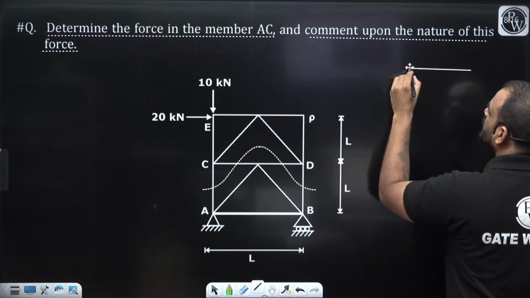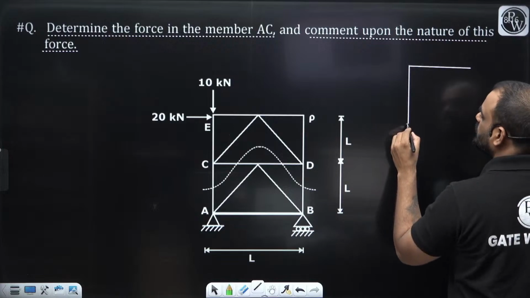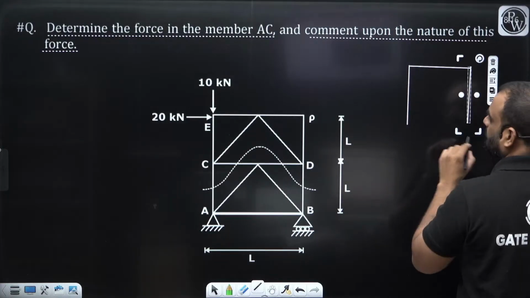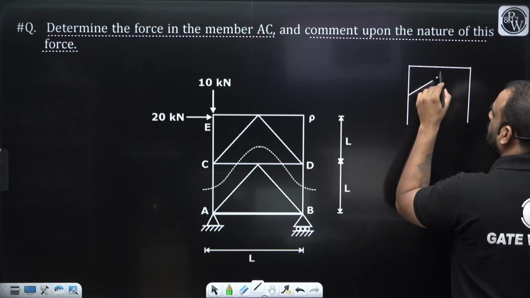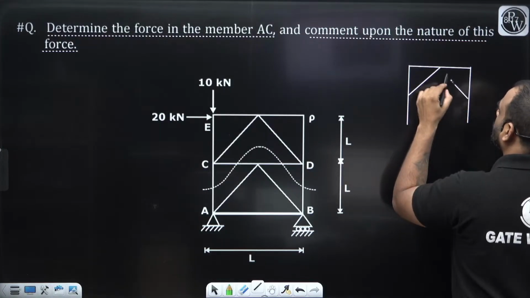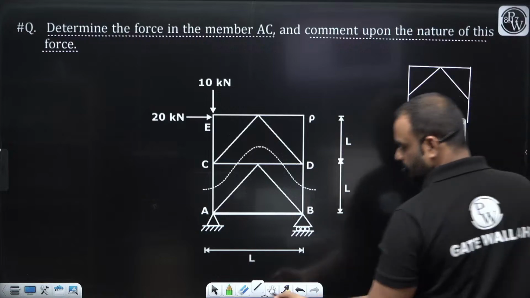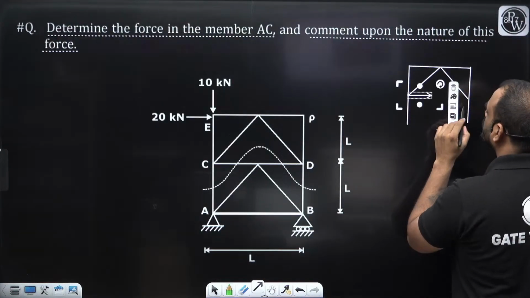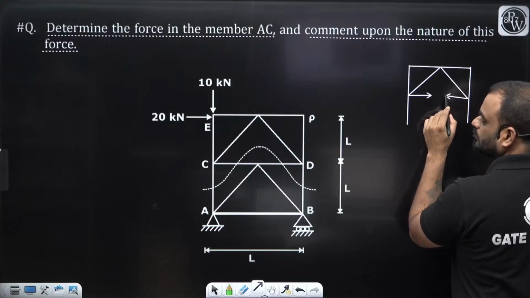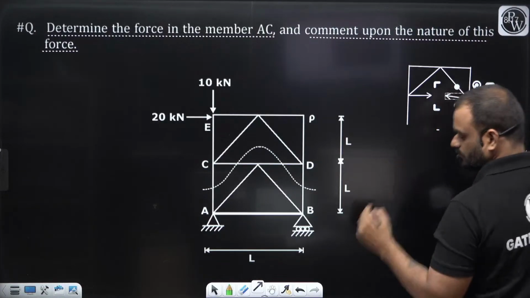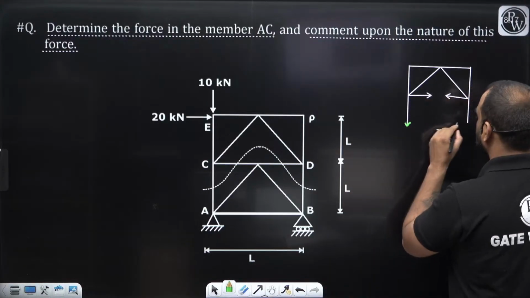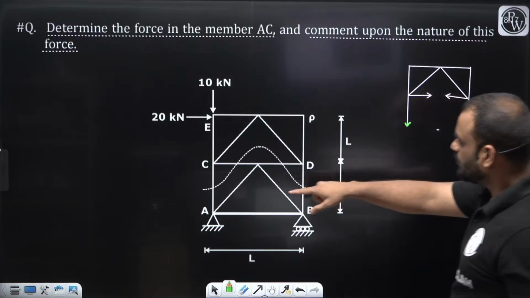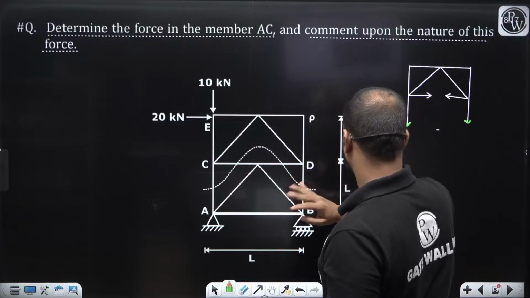So this is the structure part which we are taking. This member is cut, this is also cut, this is also cut, and this one is also cut.